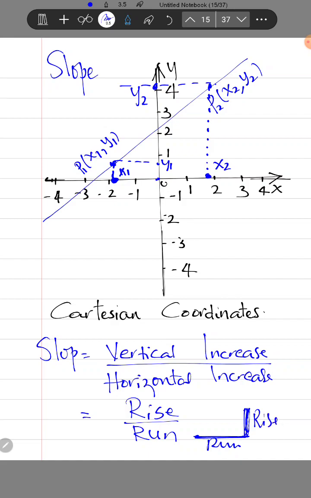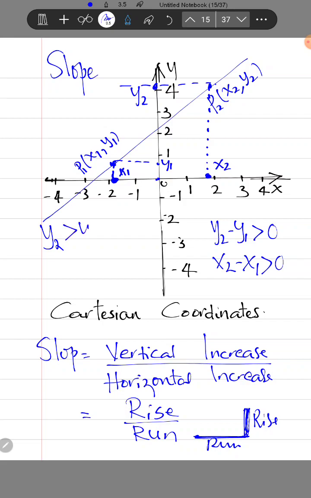Okay, now here let's take one fact from here. y2 minus y1 is greater than 0. x2 minus x1 is also greater than 0. We need to agree on this. y2 is greater than y1 means y2 minus y1 is greater than 0.